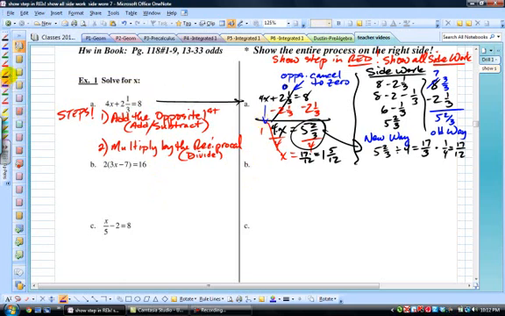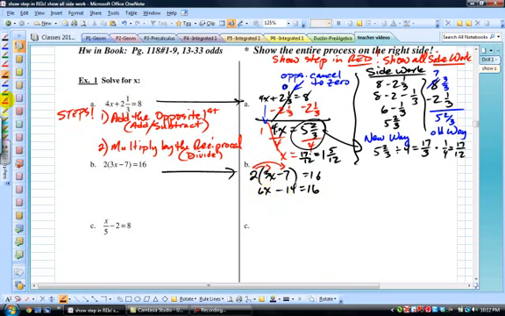All right, so let's work on B here. We've got 2 times the quantity 3x minus 7 equals 16. There are 2 ways to do this, and one way is to distribute through the 2. That's how you were taught probably in Algebra 1. So we have 2 times 3x is 6x, minus 2 times 7, 14, equals 16.